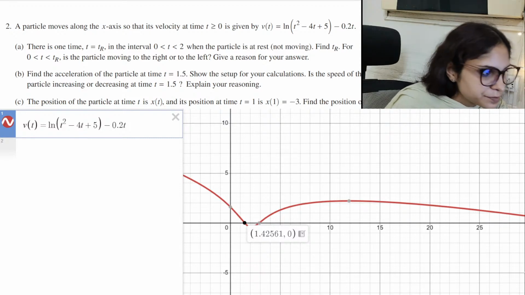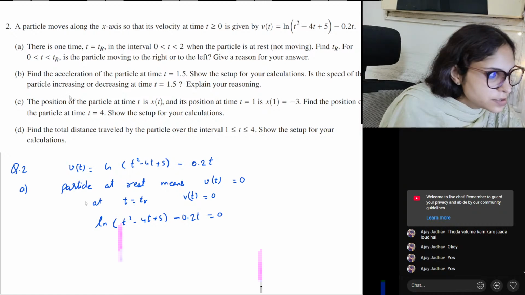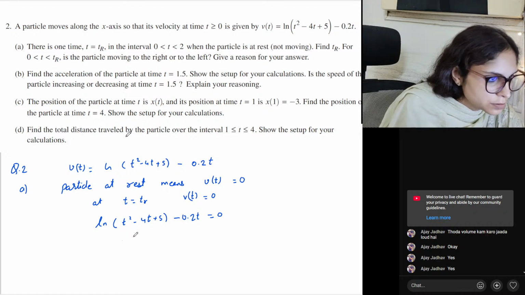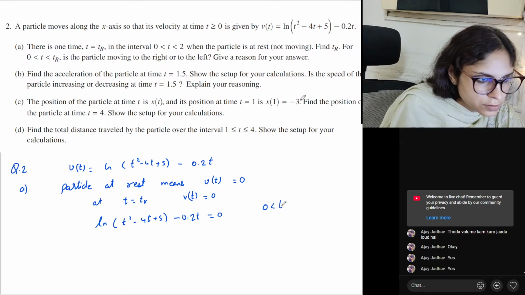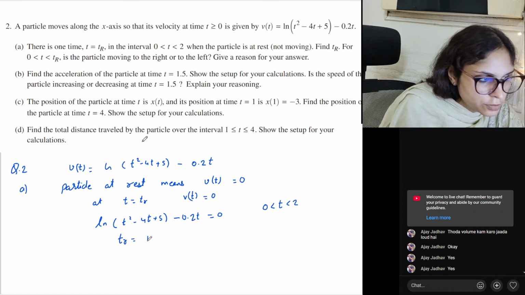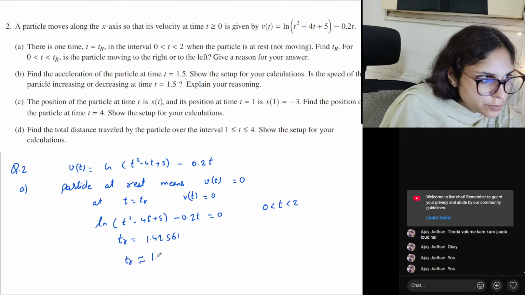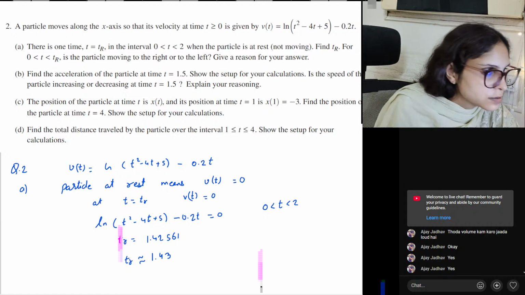Okay. So from here I can say 1.42561. So tr can be approximately 1.43 or 1.426.